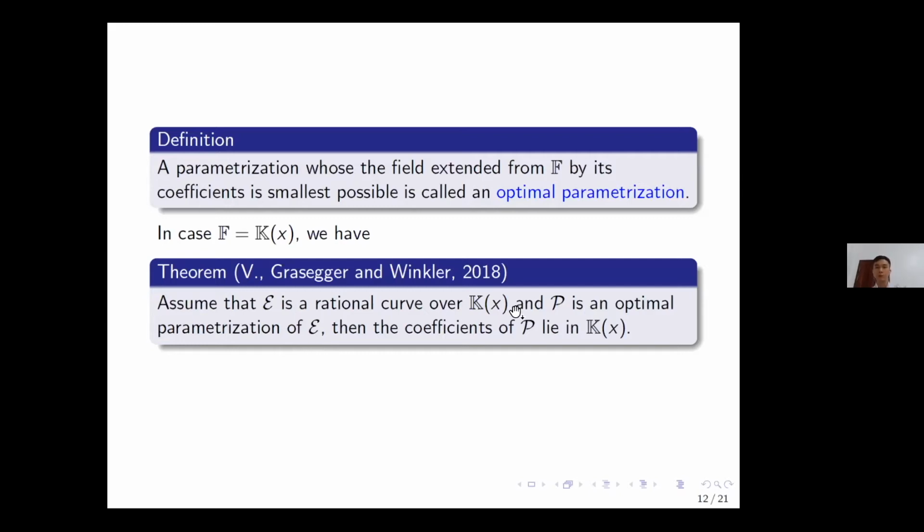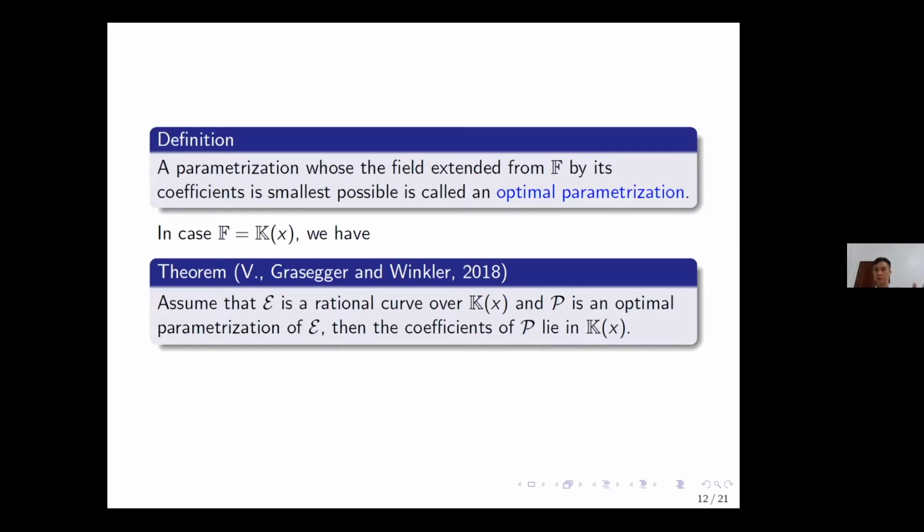Usually, the coefficients of P will lie in an algebraic extension of K(x), but in this case, we prove that the coefficients of P must lie in K(x) itself. This theorem is important because when we use an optimal parameterization of an algebraic curve to transform to a new differential equation, we want to guarantee that the ground field K(x) stays the same and no square root of x appears.